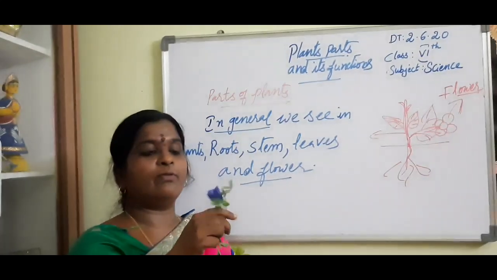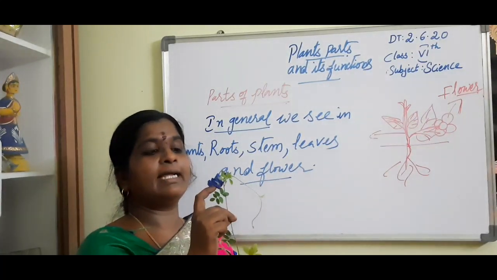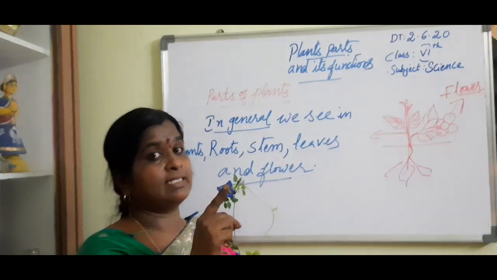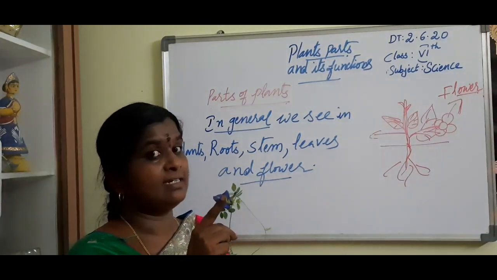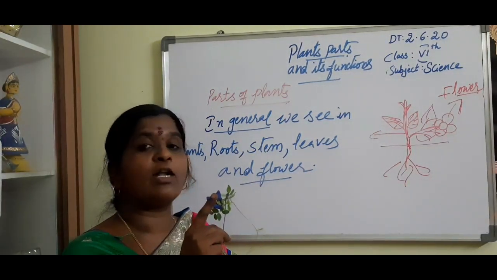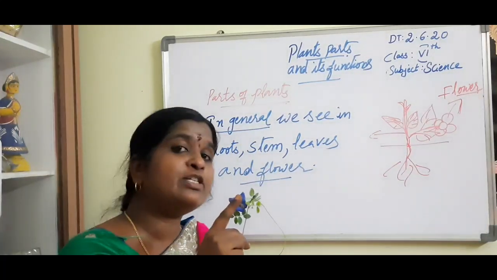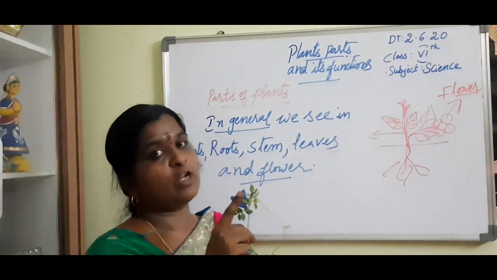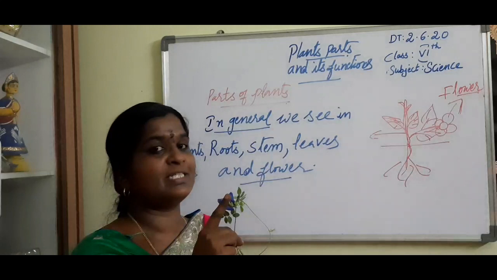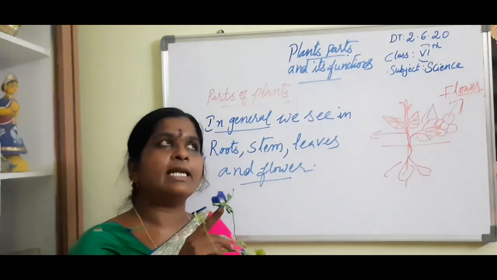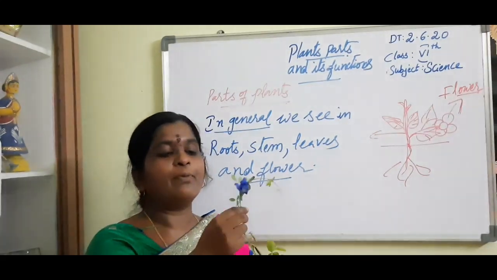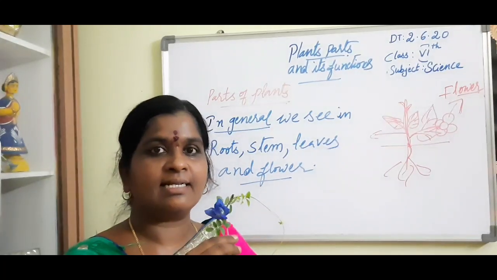One insect will sit on this flower, and again go to another flower, sit on it and suck the nectar. During the process, the pollen grains are transferred from one flower to another flower. So pollination takes place and produces the fruits. Children, you can learn more about the flower in the next classes.